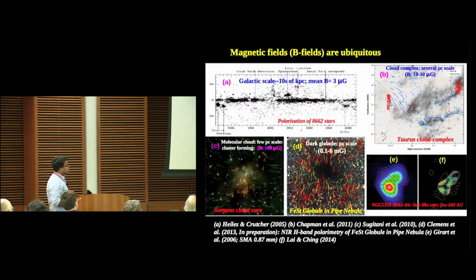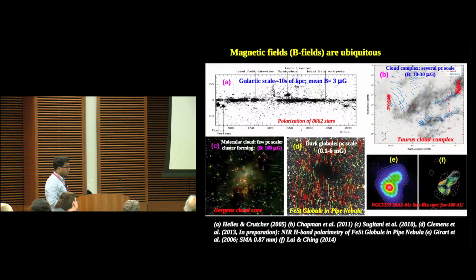We know that magnetic fields are ubiquitous all over the Milky Way galaxy. In the galactic plane, they are parallel. In the giant molecular clouds, they are important and the clouds are elongated perpendicular to the magnetic fields, and in the low density part, they are parallel and help in the flow of neutral hydrogen material onto the molecular clouds.